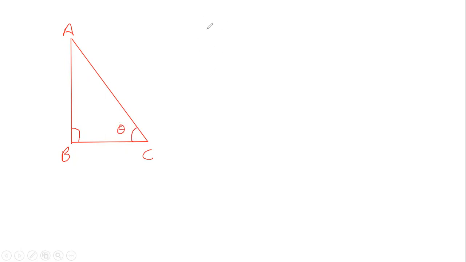Now, if I take the sine and cosine according to this angle theta, I should know a few facts: sine theta is equal to perpendicular over hypotenuse. In this particular case, according to this theta, the perpendicular is the side in front of it, which is AB, and the hypotenuse is AC.